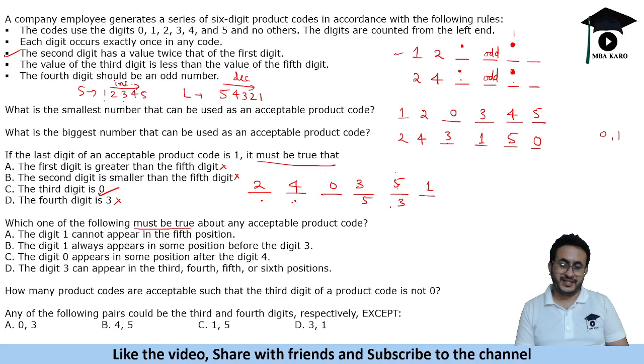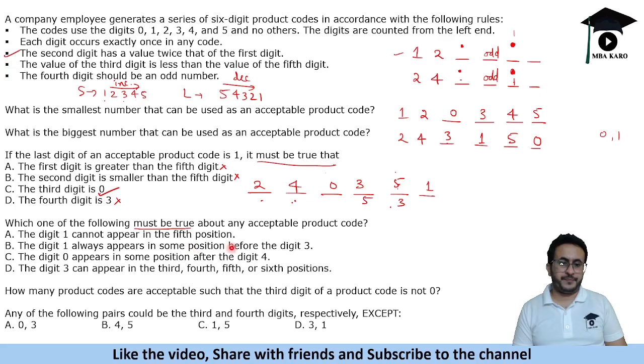You might say yes, but if you consider this scenario, we can have 1 here. We can put 1 here and 0 here, isn't it? So that is possible, so we can't say that it is true.